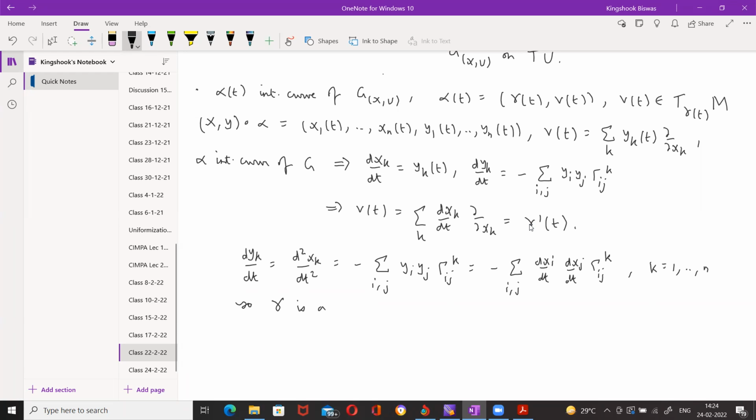Okay. So therefore, any integral curve of this vector field G is of the form gamma comma gamma prime, where gamma is a geodesic. All right. And vice versa. If gamma is a geodesic, then gamma comma gamma prime is an integral curve of G. Is it clear?